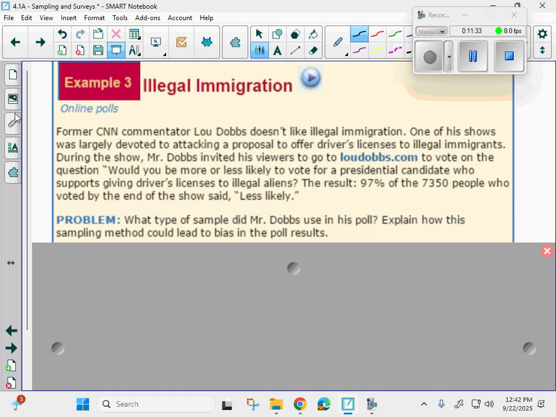The result: 97% of the 7,350 people who voted by the end of the show said less likely. What kind of sample is this? Voluntary response. So we have a little problem. How could this lead to bias? Is this an overestimate or an underestimate? Overestimate.